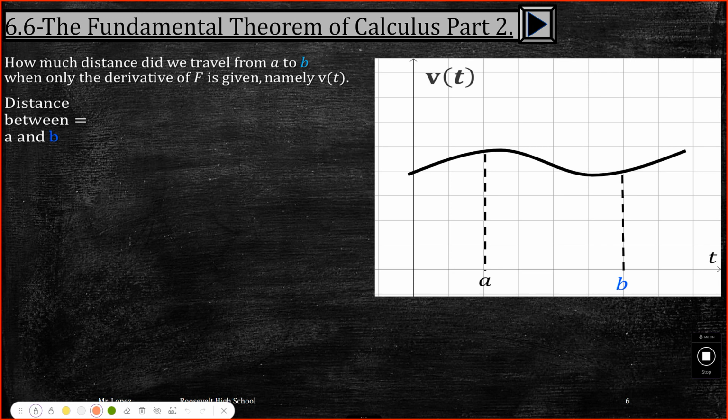So the distance between A and B, of that f function, the antiderivative of this, would just be the area under the curve of this.